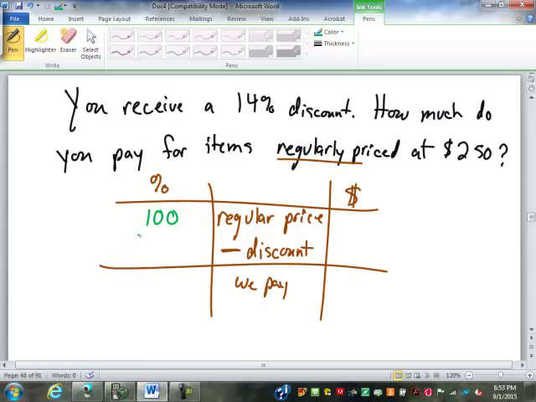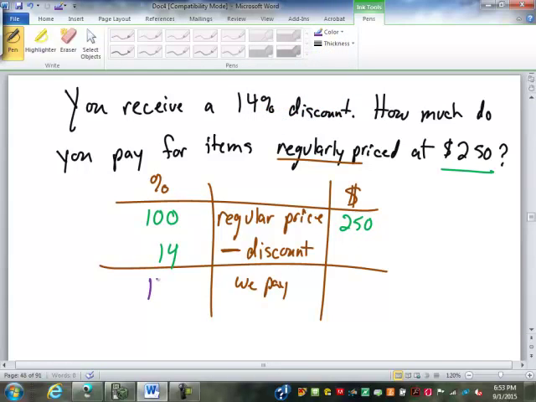What else do we know? Well, you know the discount is 14% goes in for the discount. And then we have the 250, which is regular price. What else can we find rather quickly from this information?